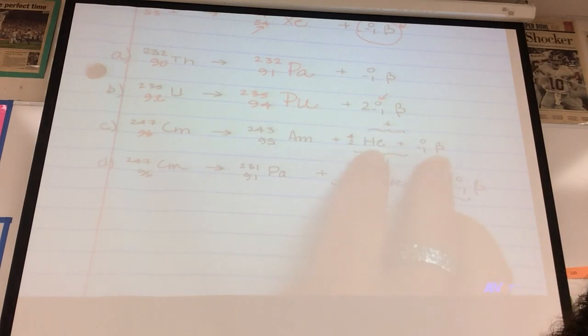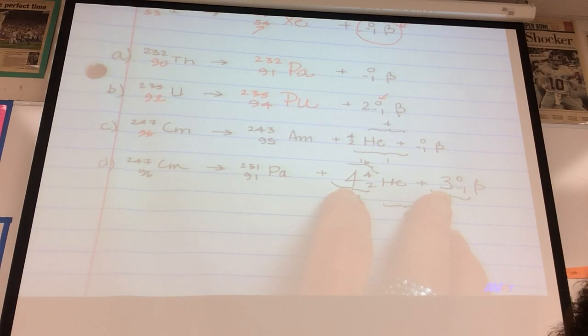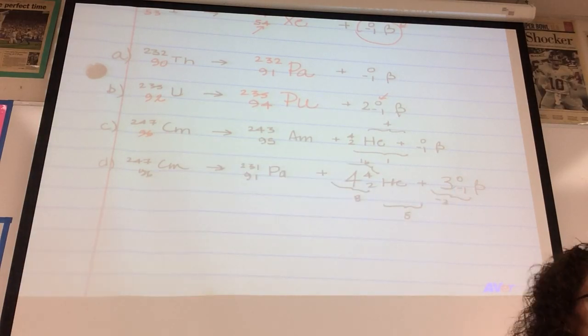If you have one and one, that's a sofa. And then if you have more than one, you need to indicate that with what's equivalent to a coefficient. Alrighty? You're going to get a ton of practice.